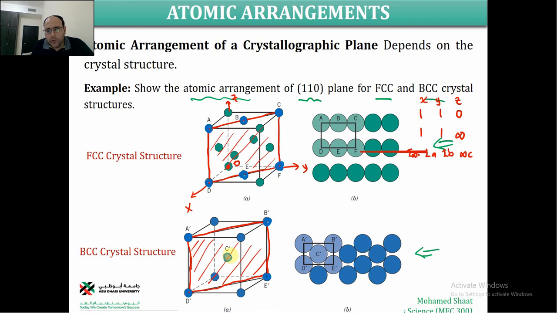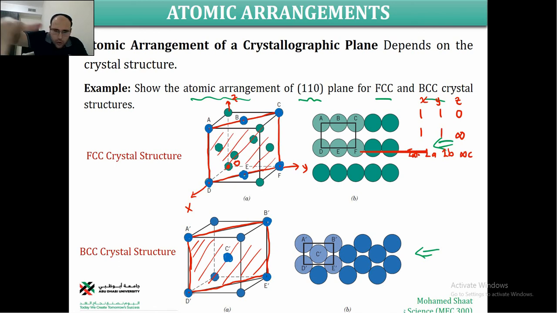But in the meanwhile, don't forget that there is an atom that is located in the core of the BCC crystal structure. For BCC crystal structure, there should be atoms at the corners. And in addition, there should be an atom located in the middle, in the core of this unit cell.